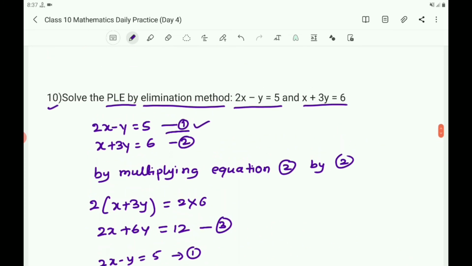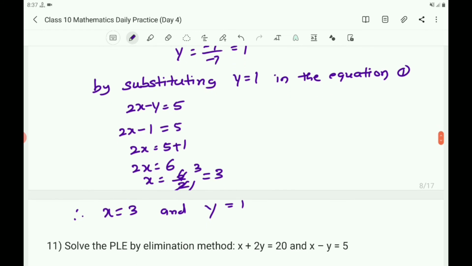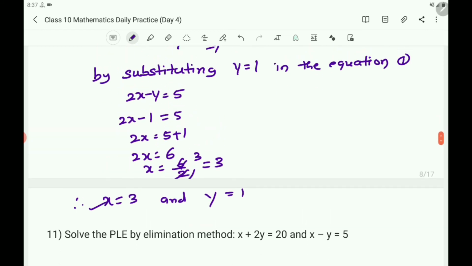So if you put x equals 3, 2 into 3 is 6, minus 1 is 5, you will get. Here 3 plus 3 1s are 3, equals 6, you will get. So you got the correct values which satisfy the pair of linear equations. So x equals 3, y equals 1.